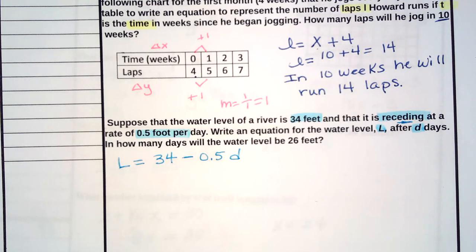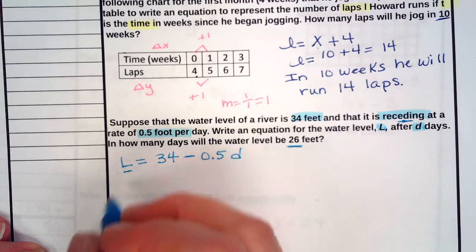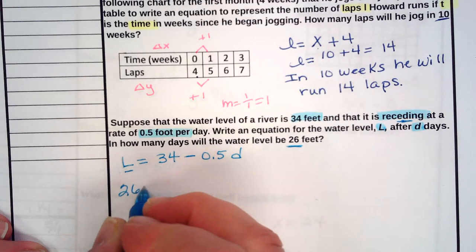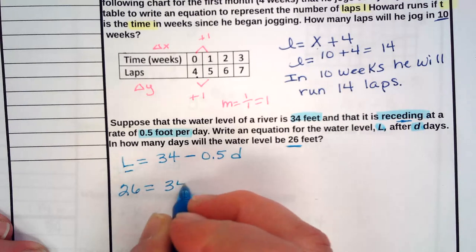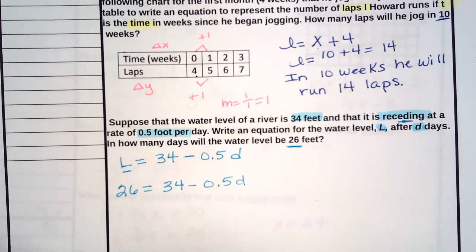Okay. Is 26 my input or my output? 26 feet is my output. So 26 is equal to 34 minus 0.5D.